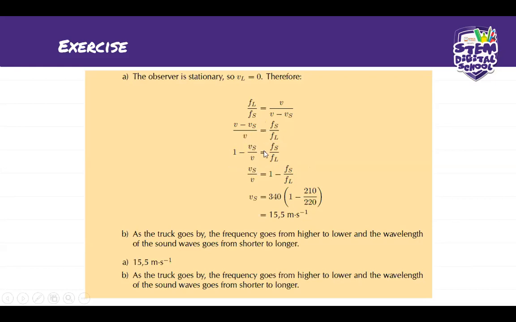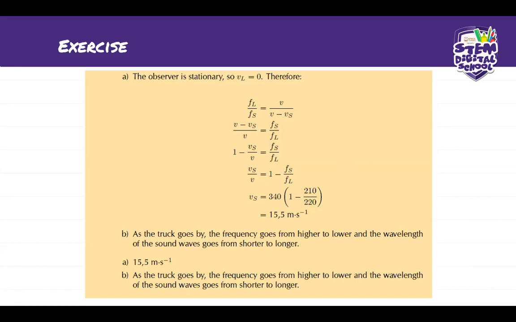So here it's going to be Fs over Fl, then this is going to be minus 1. But if you divide it by minus to change the sign, it's going to be 1 minus Fs over Fl, right? And then we take this and we multiply it on this side. So now we've got our Vs, and this will be our formula now to calculate the Vs. Okay.